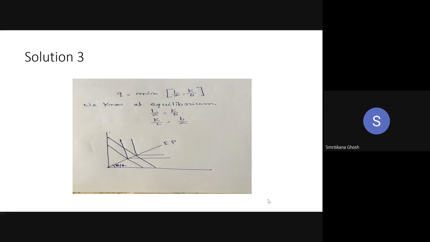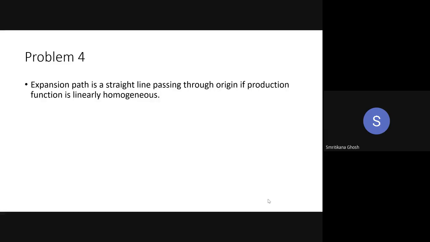No problem. Now this is another problem from my side. Expansion path is a straight line passing through origin if the production function is linearly homogeneous. This is your task to find the answer, whether it is true or not.